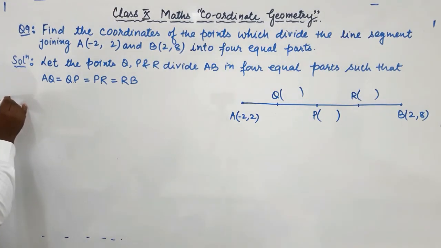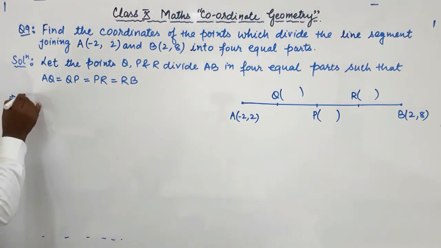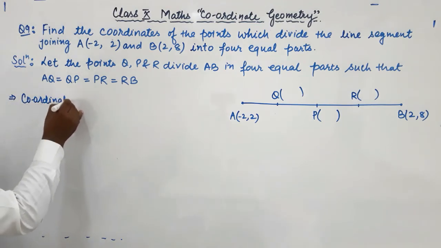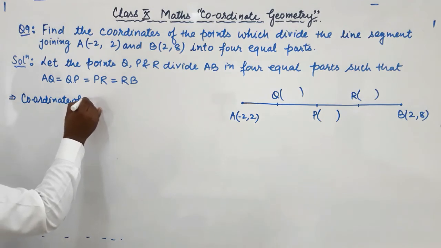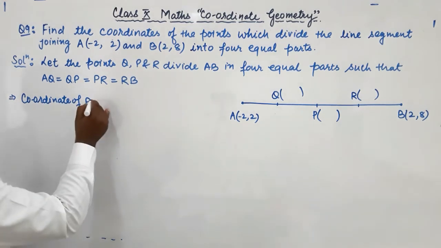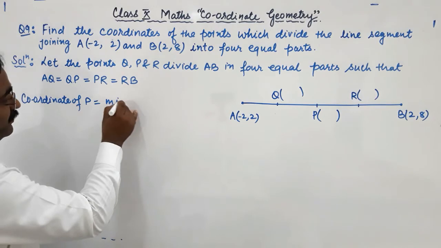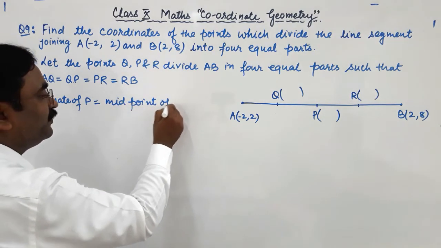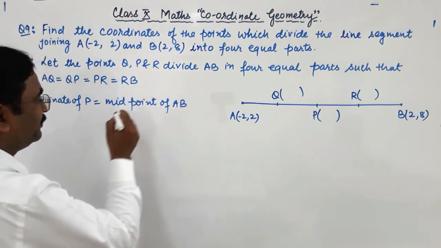So first we are going to find the coordinates of point P, which equals the midpoint of line segment AB.